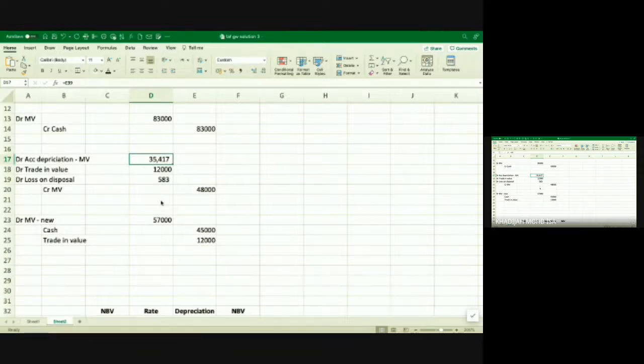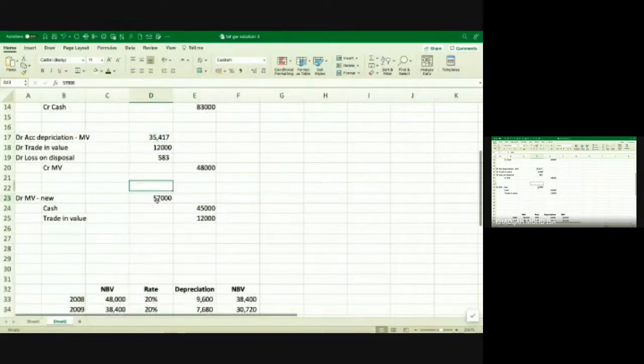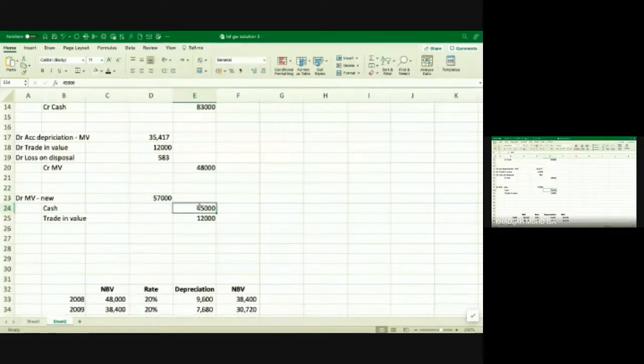The difference is that instead of receiving 12,000 ringgit cash for my old motor vehicle, that 12,000 is used to reduce the cost of the new motor vehicle. So that's why for the new motor vehicle, I have to record the cost at 57,000. Why? Because even though I only paid 45,000, the different 12,000 is from the trade-in value of the old motor vehicle.